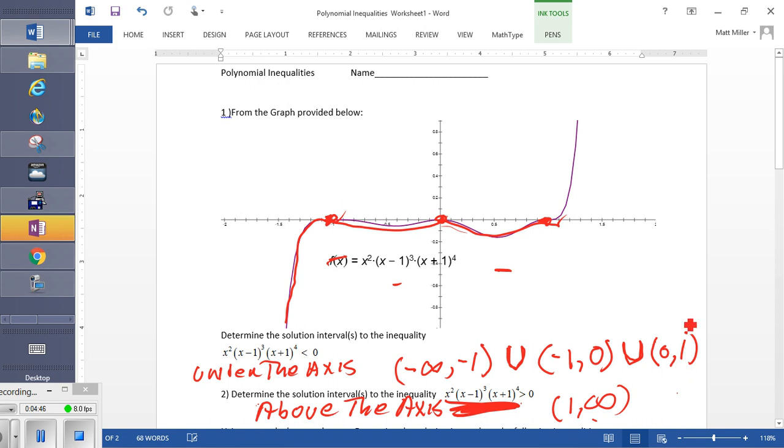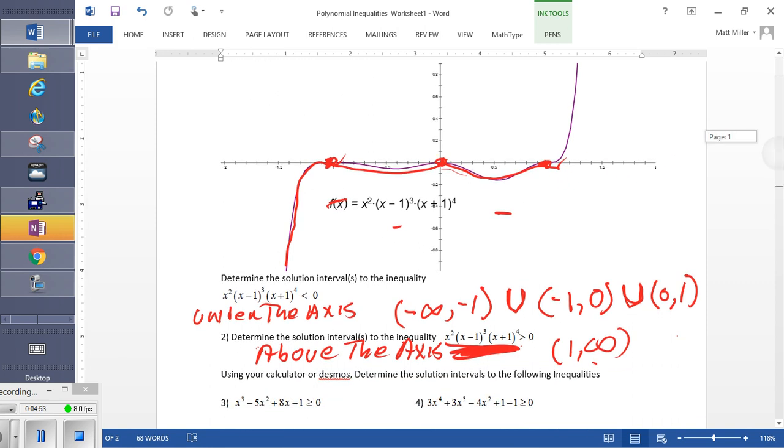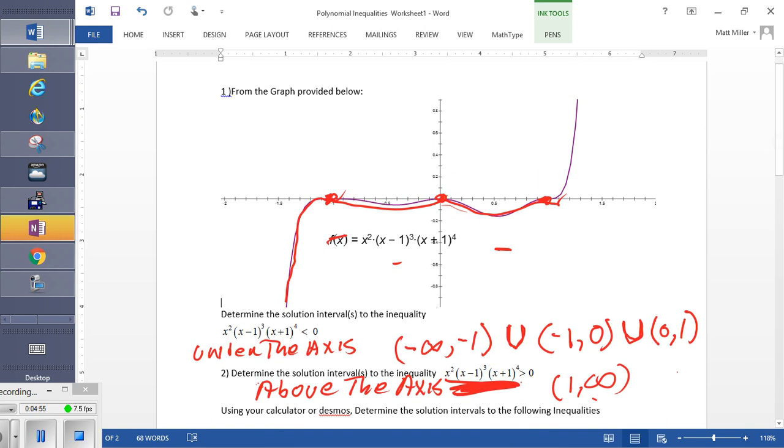Now, one slight alteration would give us an entirely different answer. If what I had was the expression here, repeated, x squared, (x minus 1) cubed, and x, let's just say this expression was asked to say, when is that under or on the axis?